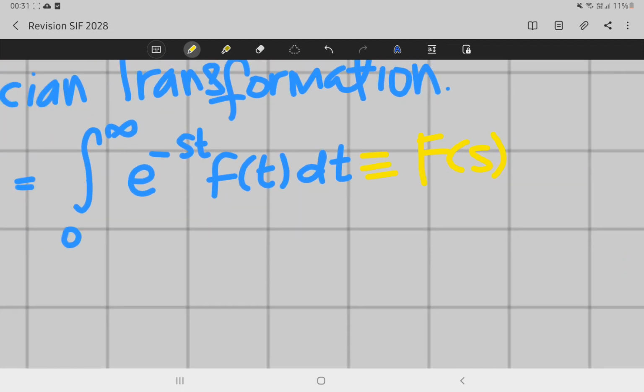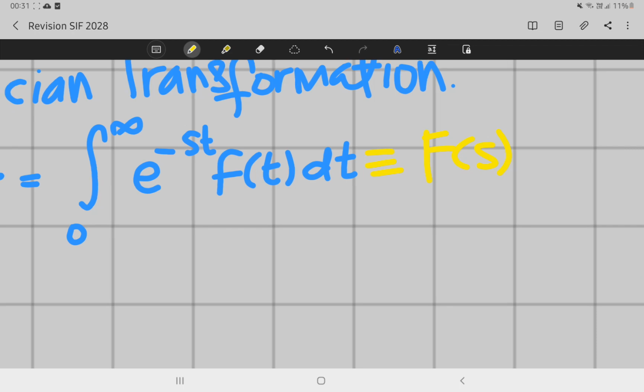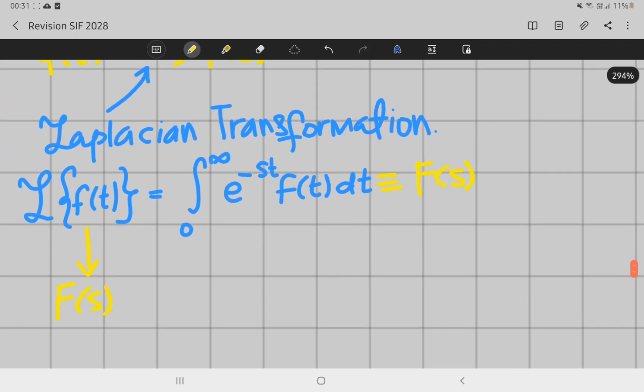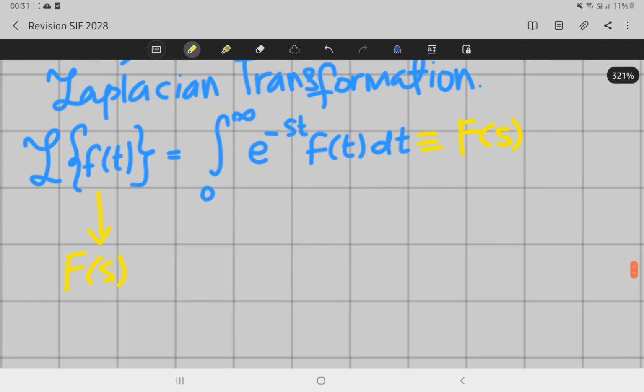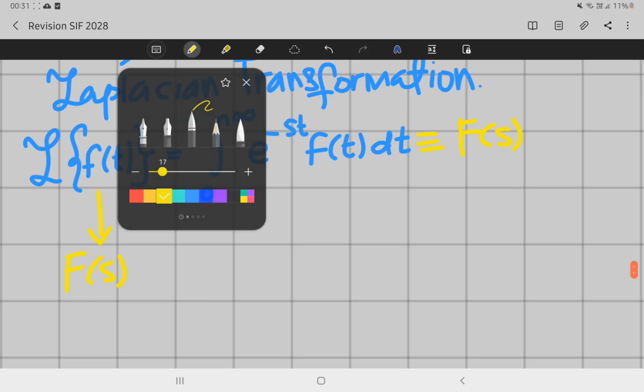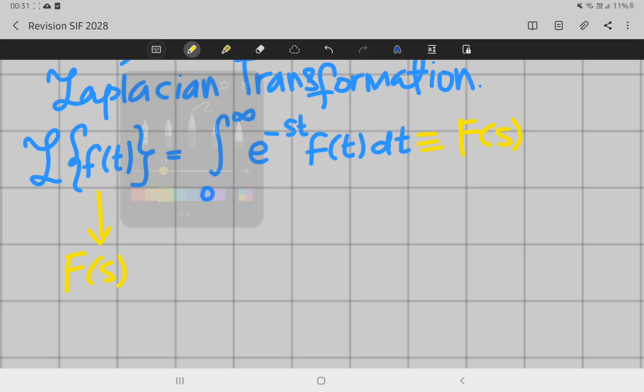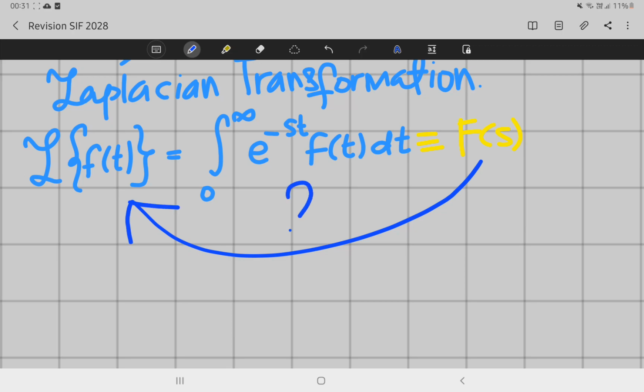Okay, so it's still simple. But what if we want to do the reverse, which means from F of s we get back to the original f of t? How?